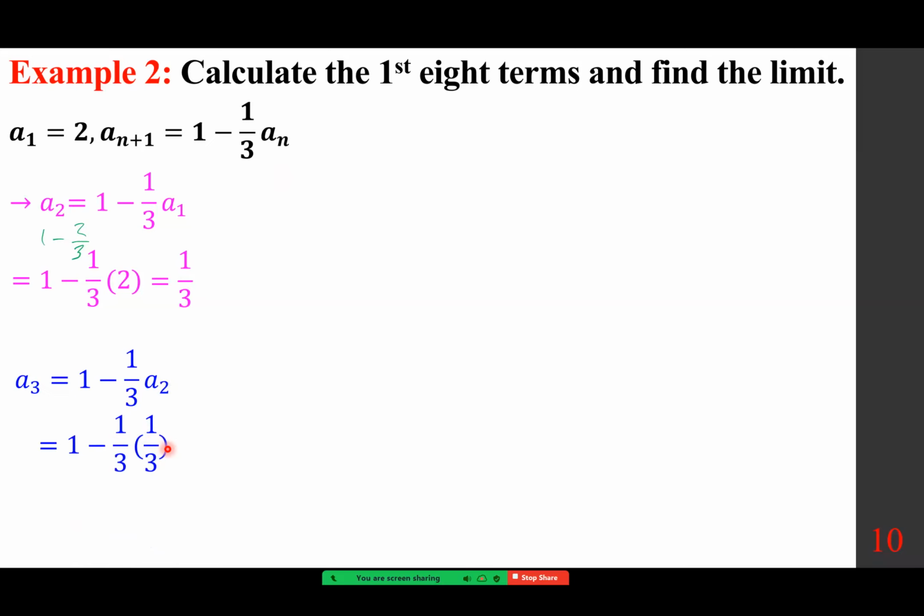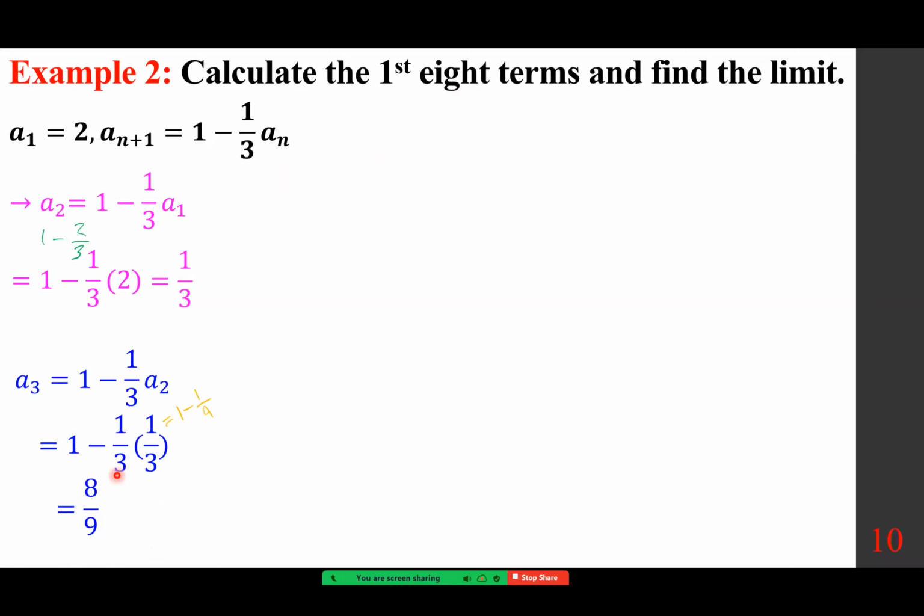As you can see, their product is 1 over 9. 1 minus 1 over 9 is 8 over 9. Now, we can continue with this, but the problem is we want 8 of them, so that's going to take some time, okay? And that's fine. As long as we can show work for 2, that means we understand it.